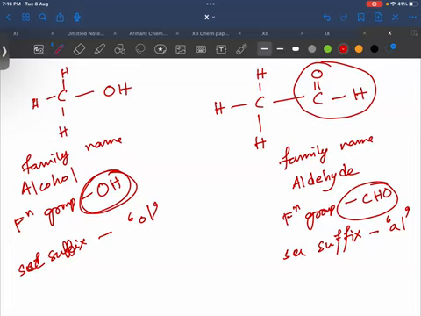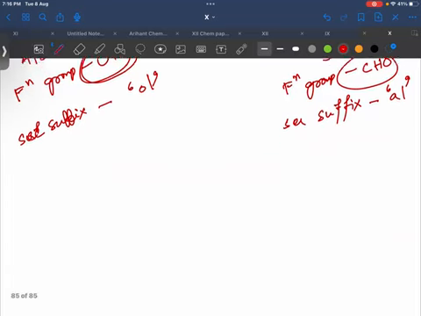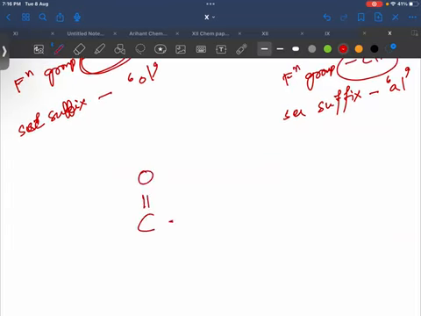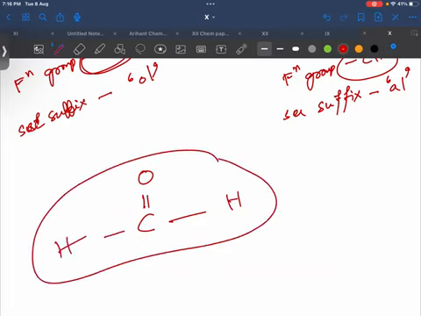जैसे एग्जाम्पल के लिए देखो C double bond OH. What will be the name of this? Methanol.